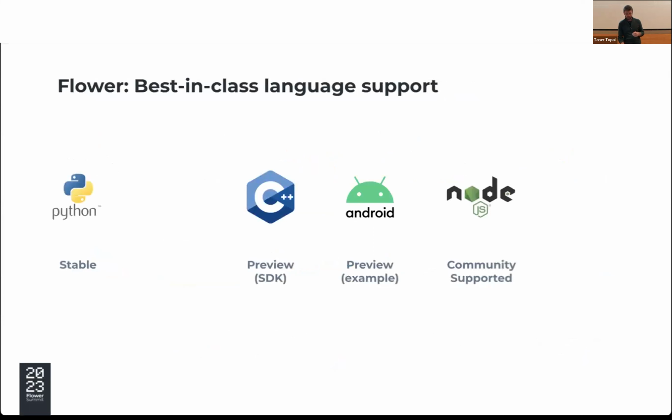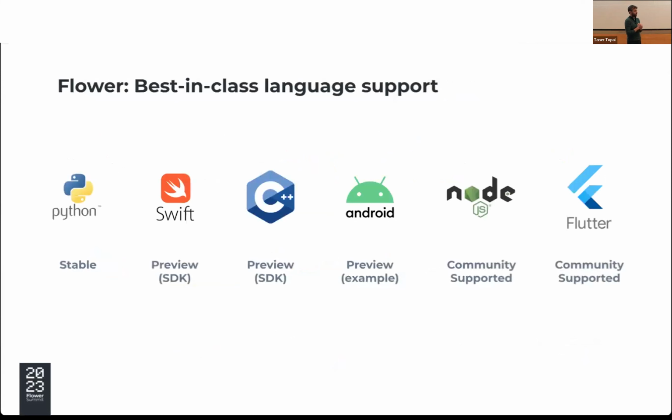But in other environments, we recently added more support for more edge environments. For example, Swift for all Apple environments, C++, which we've had for a while as a preview SDK. Our Android example has gotten quite a few updates over the last couple of months. And then we have community-supported SDKs for Node.js and for Flutter.